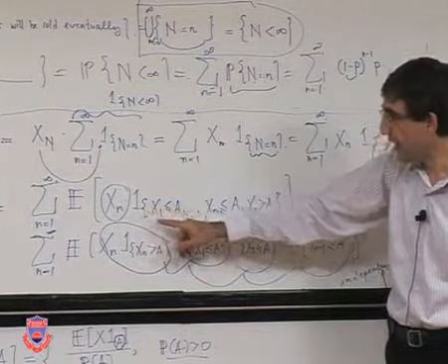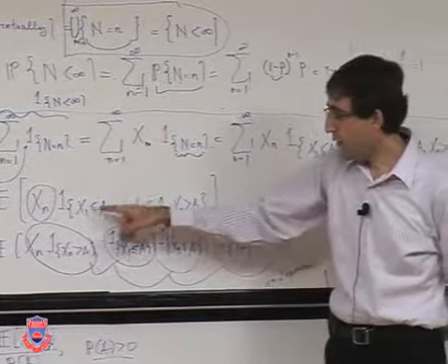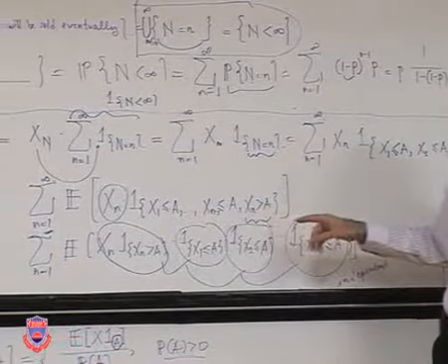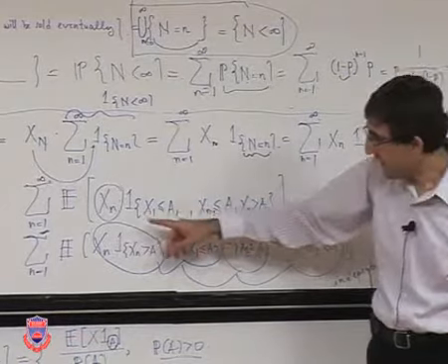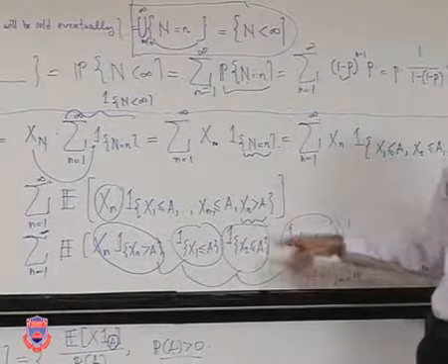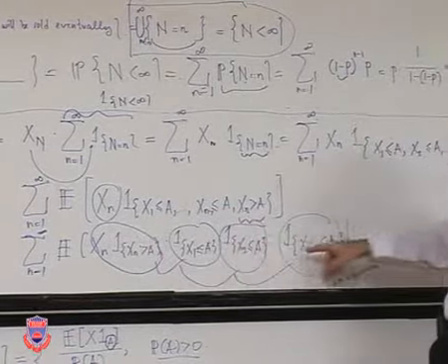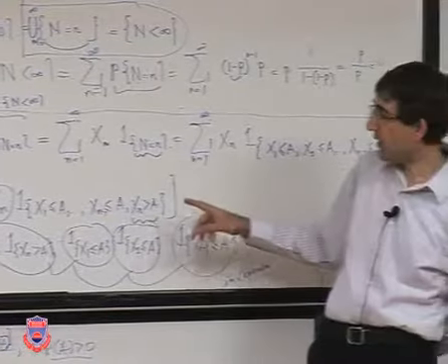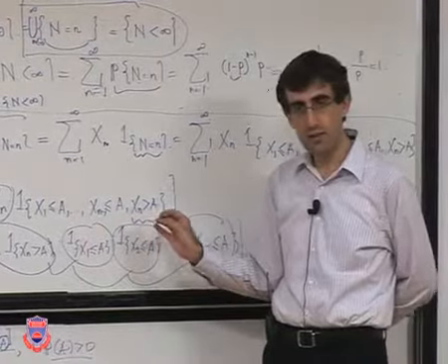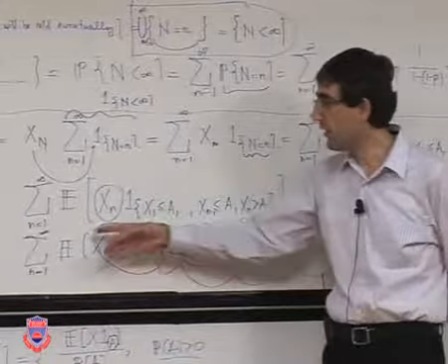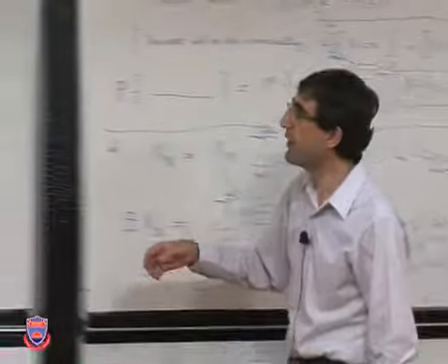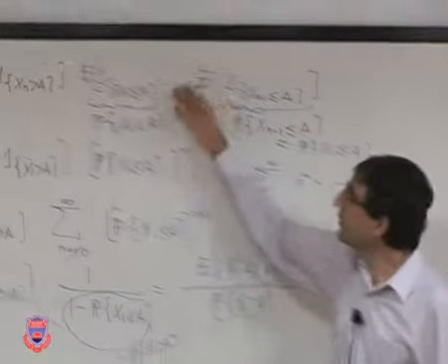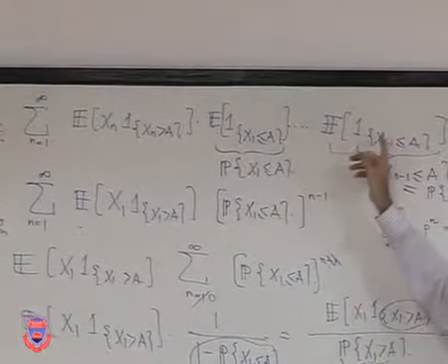So whenever you see an indicator of several events intersected together, you write that indicator right away as a product. Now you have a product of a bunch of random variables. And the good news is they're independent. So for the expected value of the product of independent random variables, you just multiply the expected values.